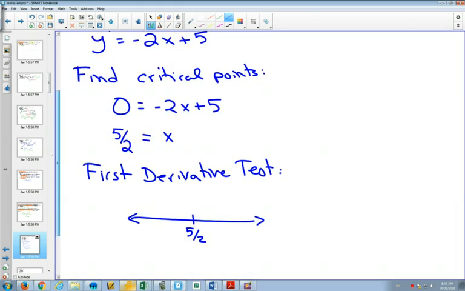If I plug in a number before 5 over 2, like 0, it's positive, meaning our function had to have been increasing before that. And if we plug in a value after 5 over 2, say 5, we get a negative so that we know that our function is decreasing.